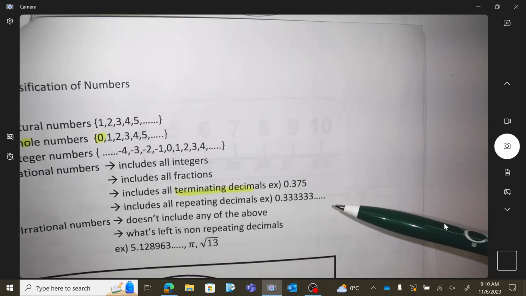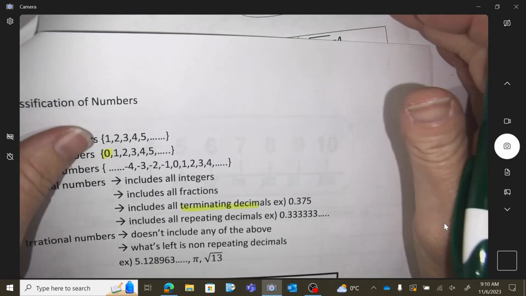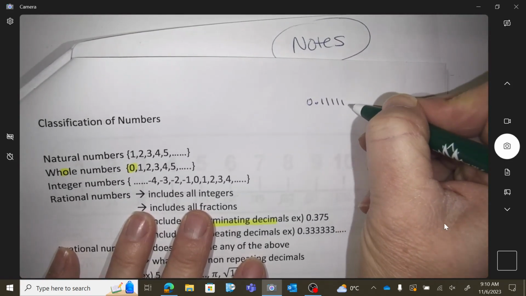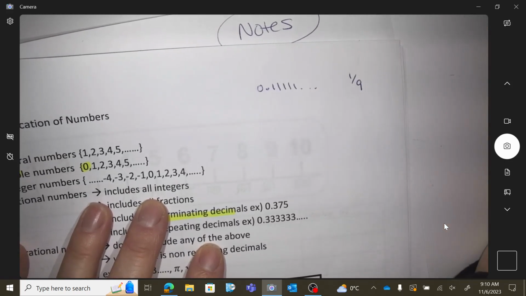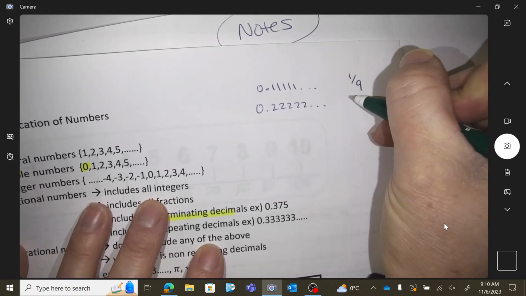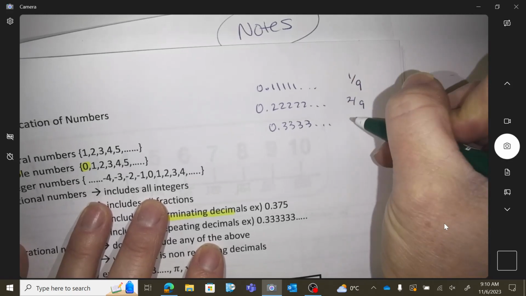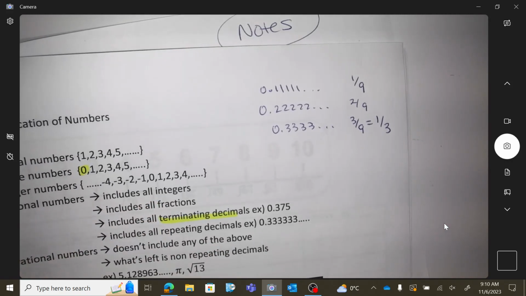Does anybody recognize 0.333333 as a fraction? 1/3, yeah. Did you guys know that 0.11111 is 1/9? 0.222222 is 2/9. 0.33333 is 3/9, which I recognize as 1/3.